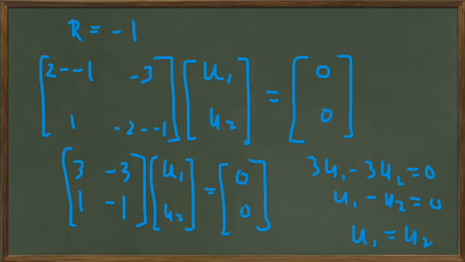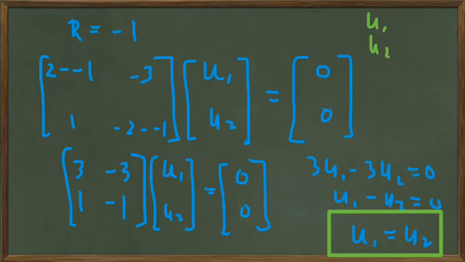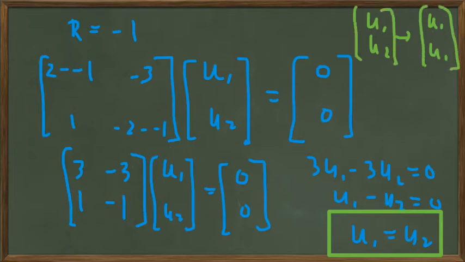So in this case, the relationship between the entries is that U1 and U2 are the same. So if we write the eigenvector out, the U1, U2 turns into U1, U1, because the entries are the same. U1 equals U2, we factor out the U1, and we get this second eigenvector is just 1, 1.